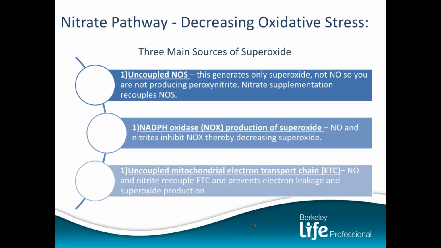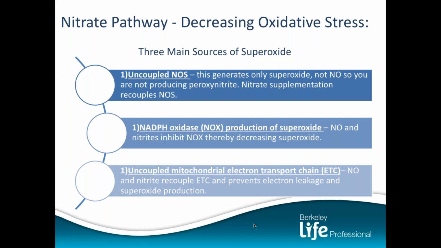The NADPH oxidase, the NOX enzyme, its only job is to make superoxide. And all of these environmental factors, molds, chemicals, heavy metals, stress, all of these things increase NOX's production of superoxide.